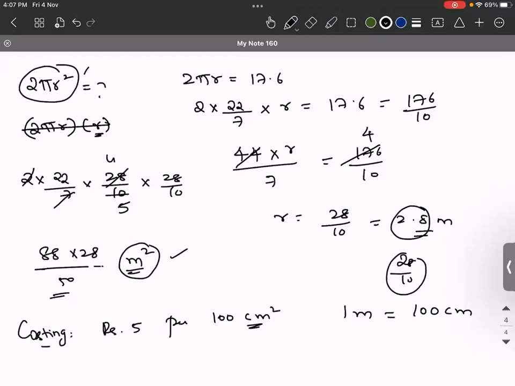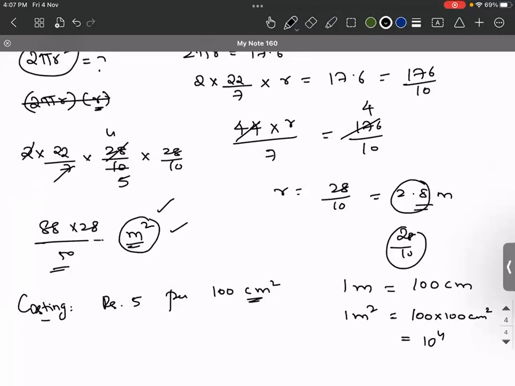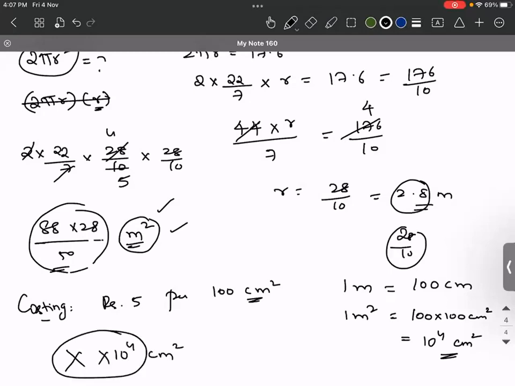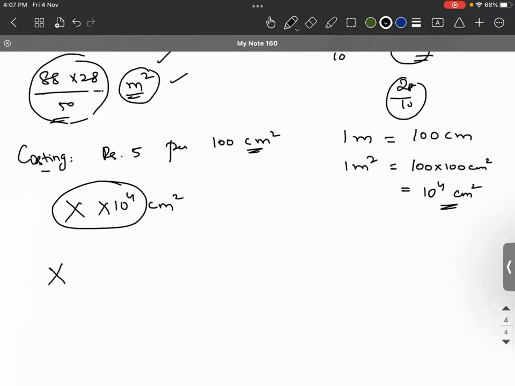But we have meter square, so 1 meter square is equal to 100 into 100 centimeter square, that is 10 power 4 centimeter square. Whatever answer I get here, let me call it x. So x into 10 power 4 centimeter square is the area to be painted. So x into 10 power 4 divided by 10 square into 5 will give me the answer.